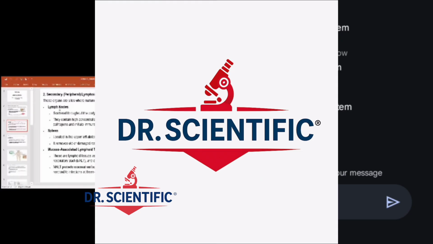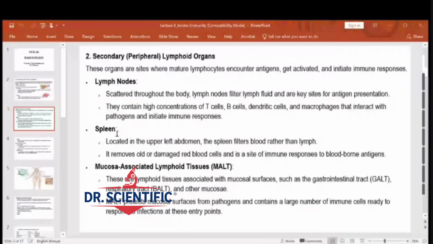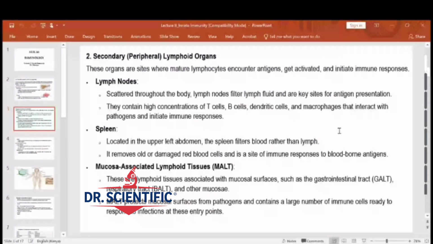Then the spleen, because the spleen filters blood, that is its main work. And would we say the lymphatic system is also part of the circulatory system? I only wanted to add the hematopoietic system. Okay.